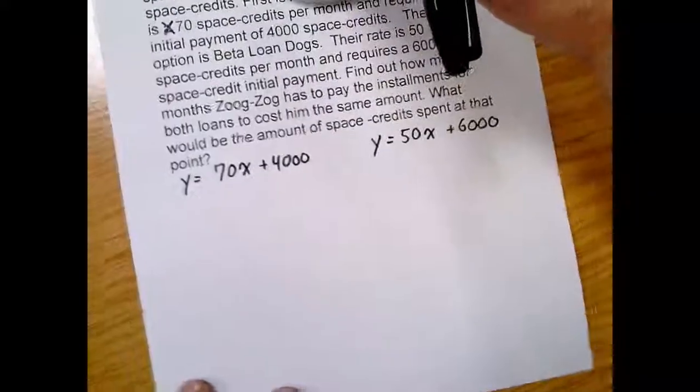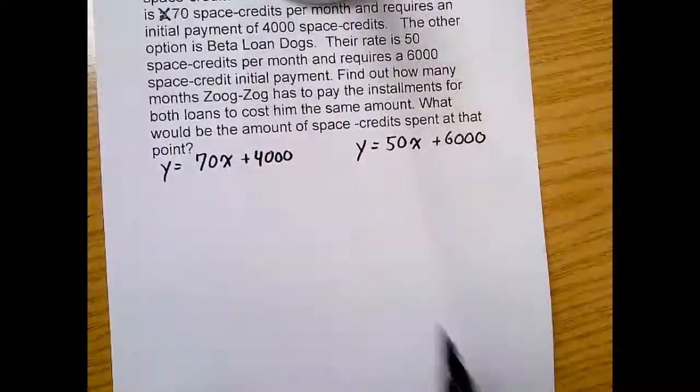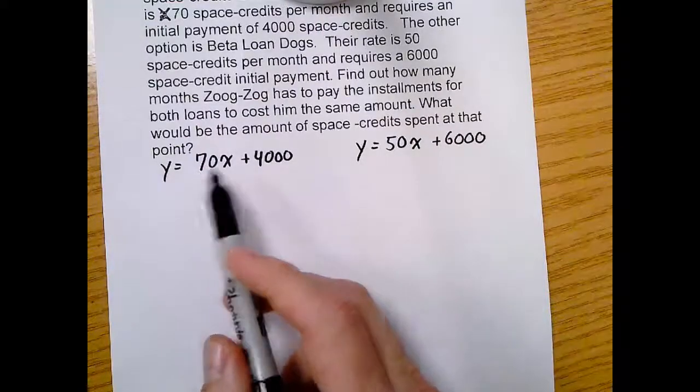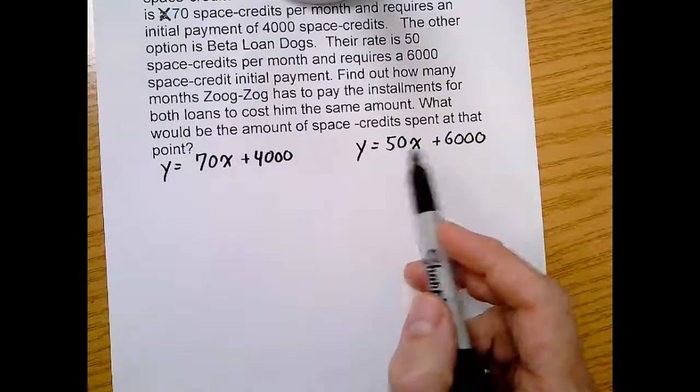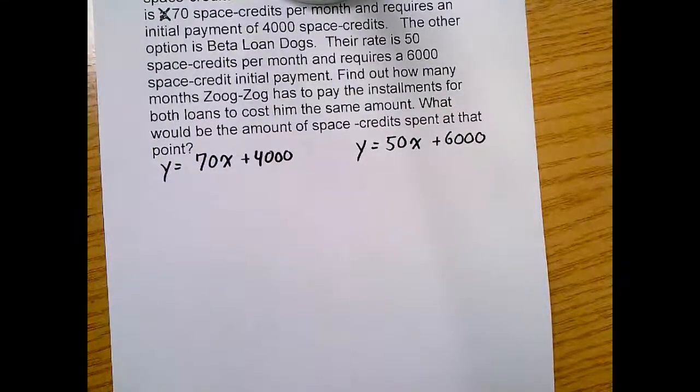So when we look at this, these are our two scenarios. And again, the question is, do you pay more per month and less upfront, or less per month and more upfront? Well, at some point, these will be the same. At some point in time, after some months, these will be the same, and we'll figure out what that is. So here we go.